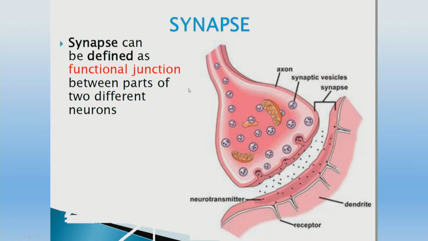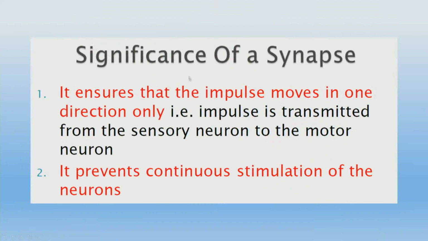And then the significance of a synapse. Please make sure that you know this. It ensures that the impulse moves in one direction only, and it also prevents continuous stimulation of the neurons. So that is the synapse.